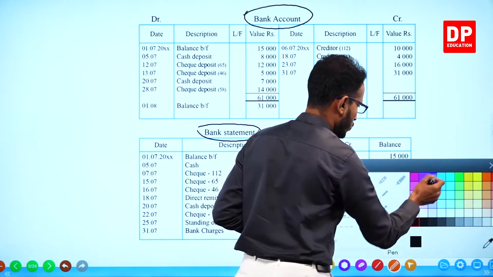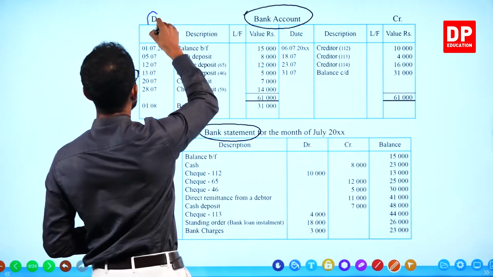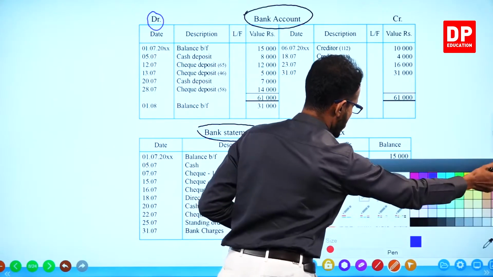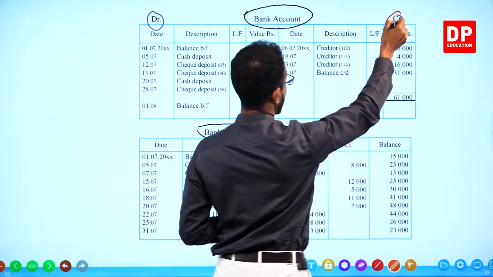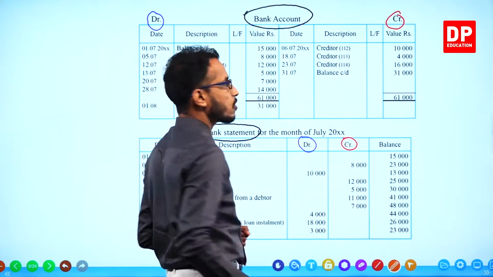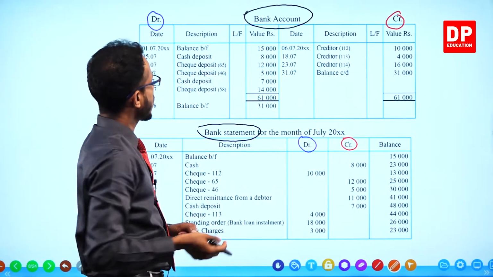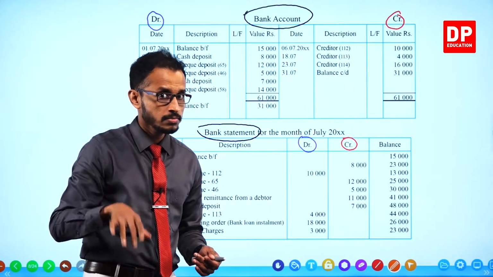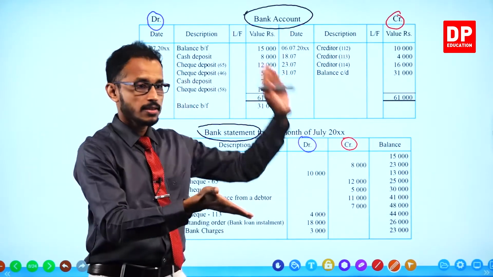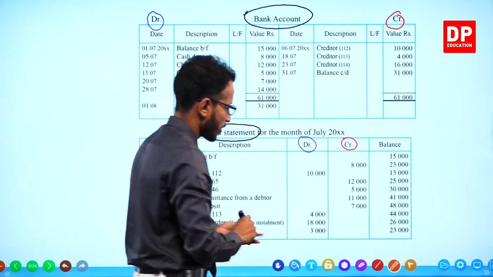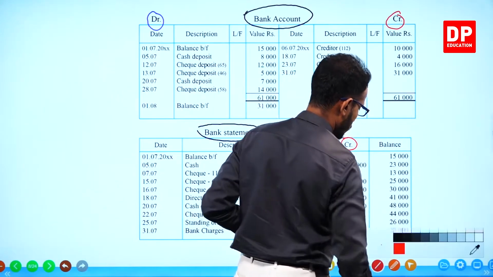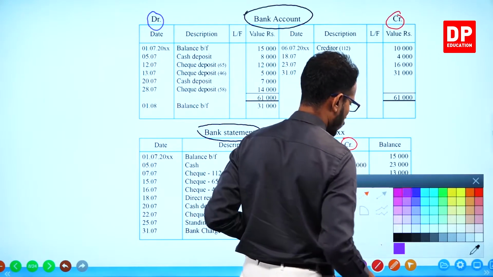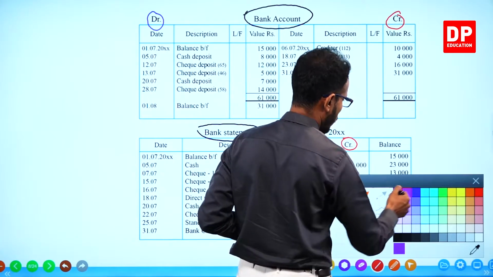I'm going to use blue color for debit and the usual color, red, for credit. How are we going to check these items one by one? Like this, right? I'm going to draw the arrows and show you how it's done.